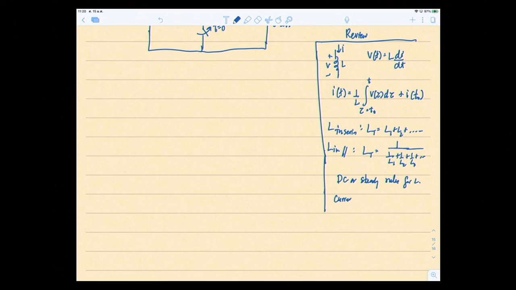So the current through L cannot change instantaneously. Therefore, IL at 0 plus is equal to IL at 0 minus if the switch changes at t equal to 0. If the switch changes at a certain time t naught, then IL at t naught plus equals IL at t naught minus.